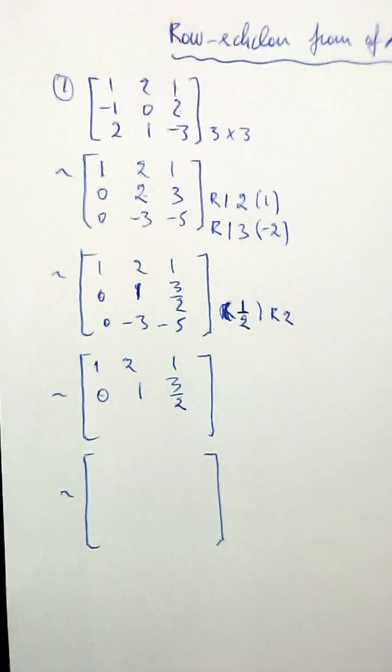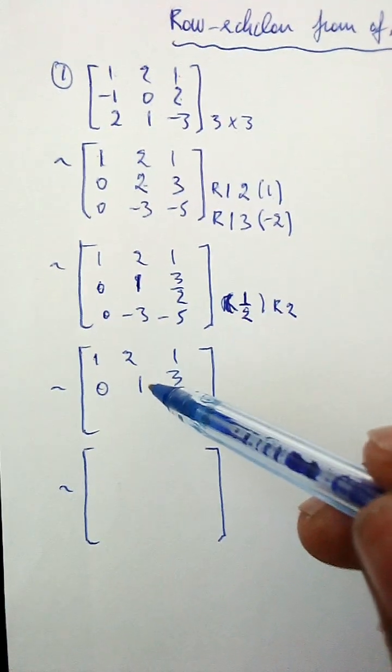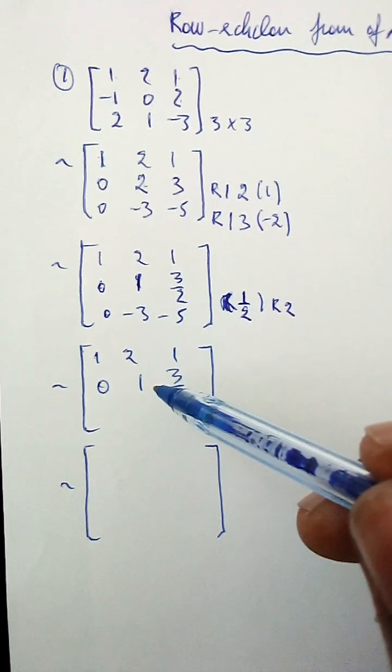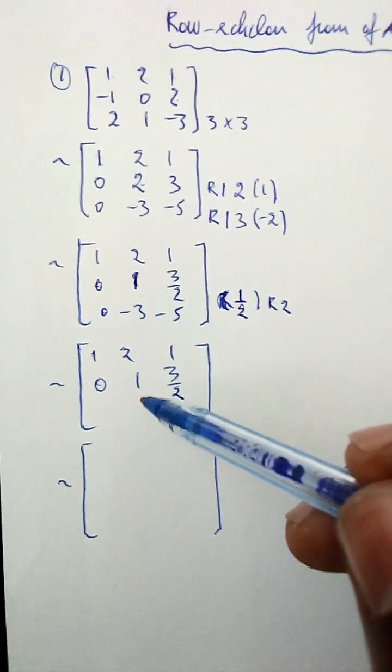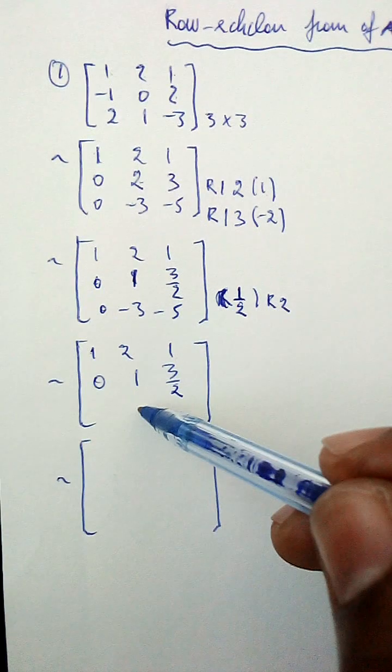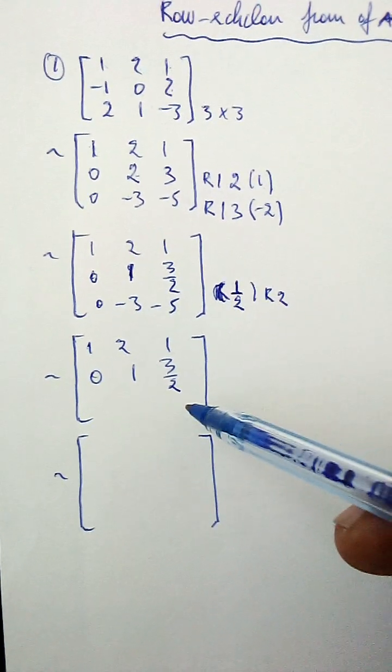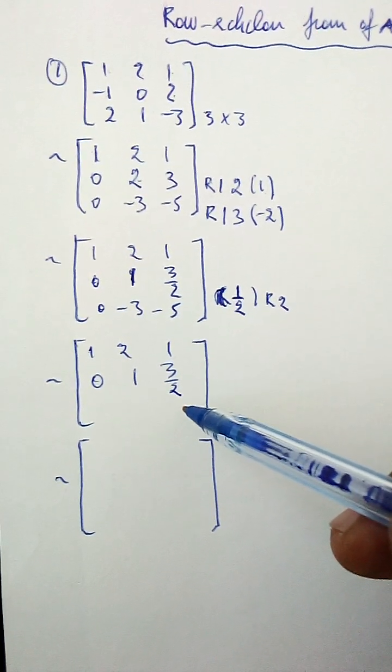As I said, we are going to use the second row in order to solve the third row. So we need 0 here and the leading one in the third row.